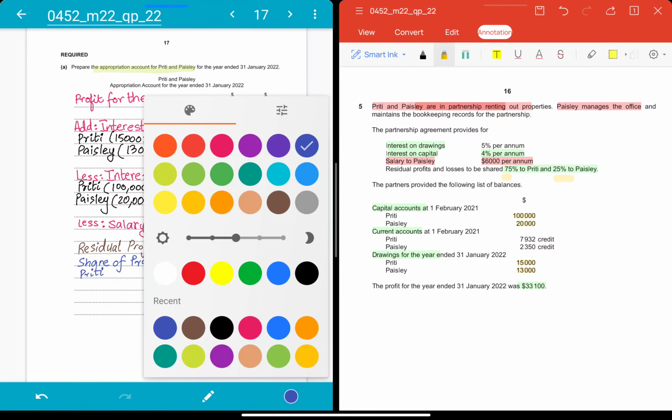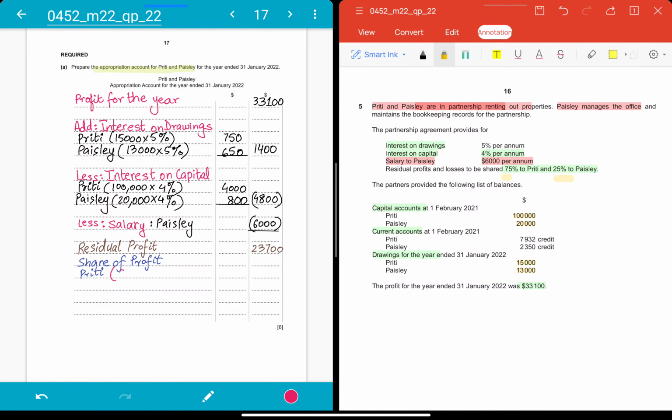So we can say that 23,700 into 75% goes to her, and Presley gets the remaining, that is 23,700 into 25%, students. So let's quickly find out the value. So we are getting 5,925 for Presley, and the remaining one will be for Preeti, that is 17,775. And here you go, all 6 marks are yours.